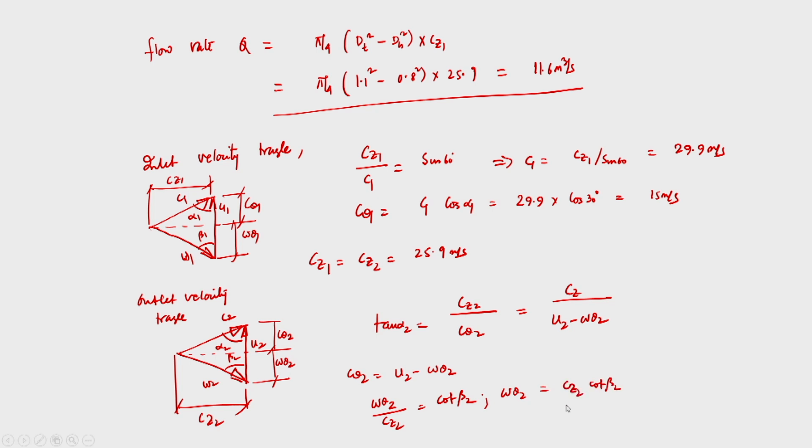We know Cz2, and we know U2. Alpha 2 is not given, if I go to my previous slide.